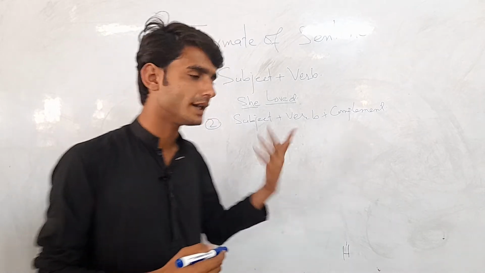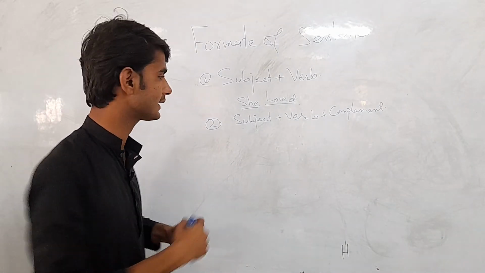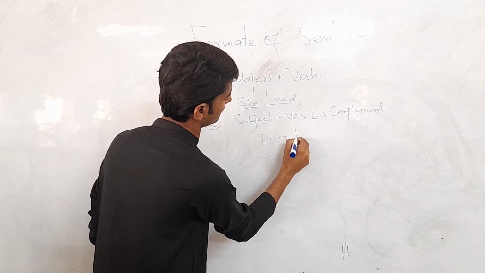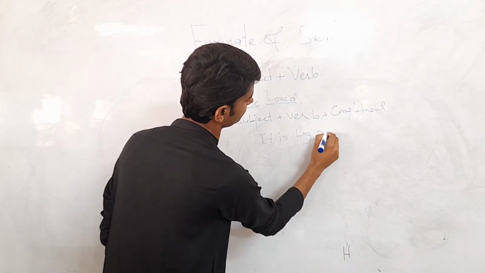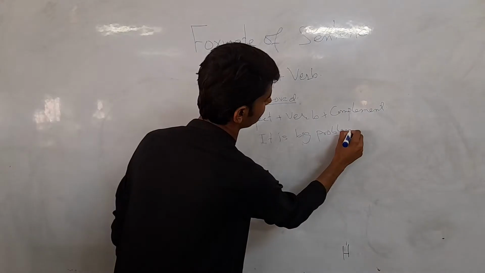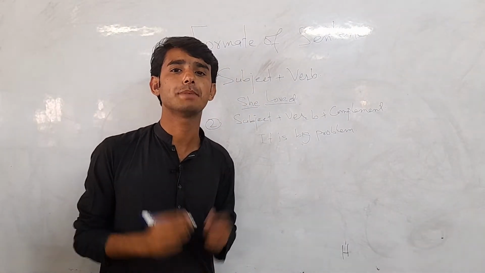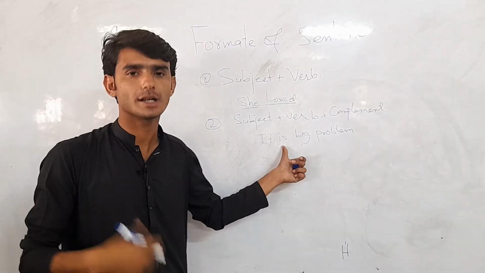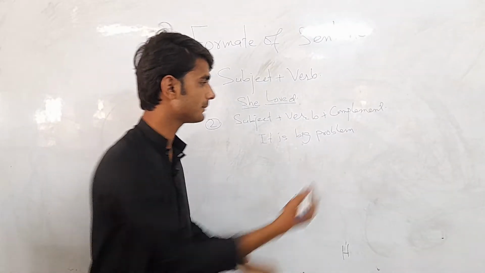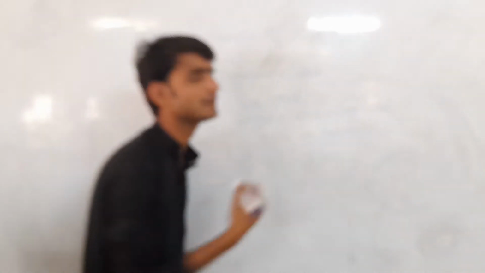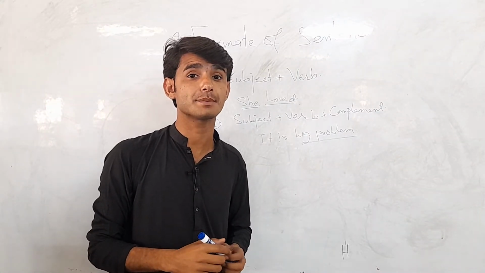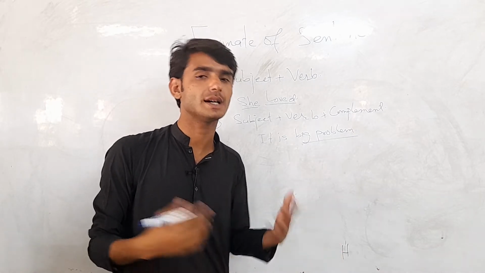I can give you an example with the sentence: It is a big problem. We have it as the subject, is as the verb, and big problem. Here the big problem is the complement, because I told you that its status in grammar is either an adjective or a noun.